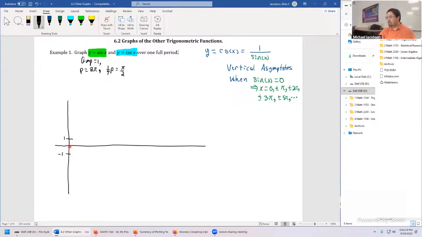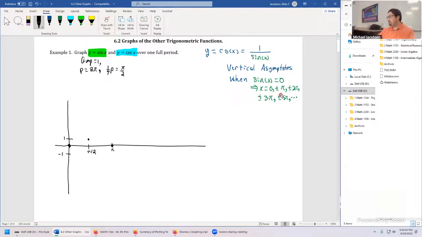The sine curve starts at 0, right here. That's the x equals 0 part. Then when we go a distance of pi over 2, it hits its maximum. From chapter 5, sine pi over 2 is 1. So we ought to label that. So here's pi over 2. Then at pi, we're back to the x-axis.